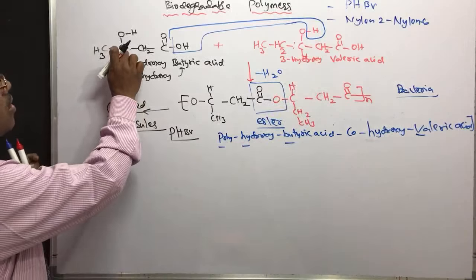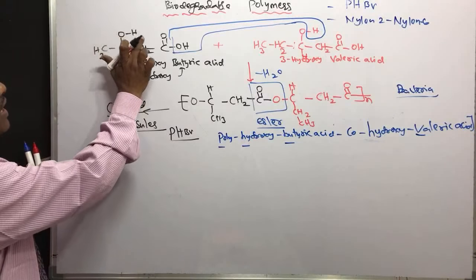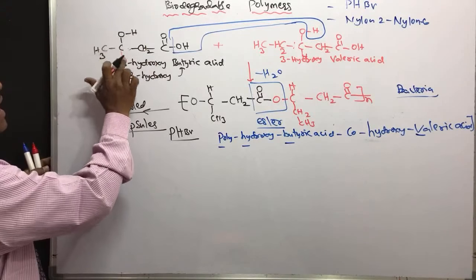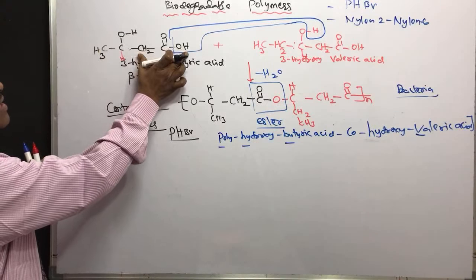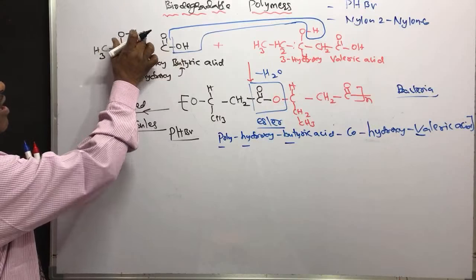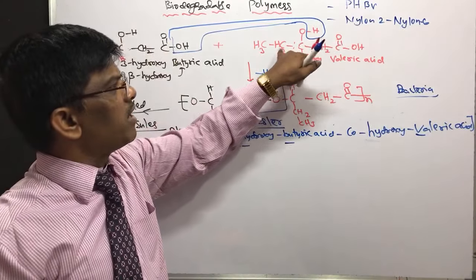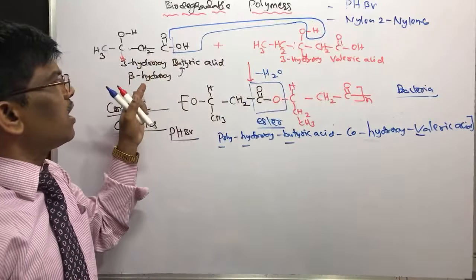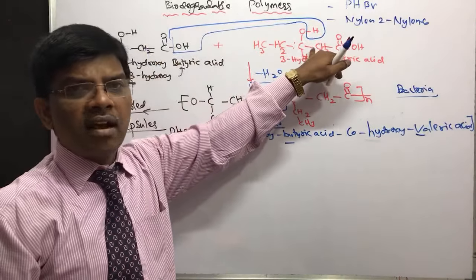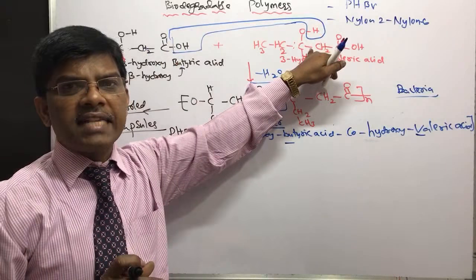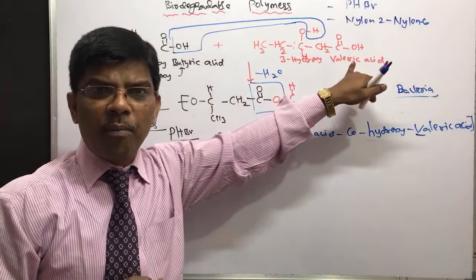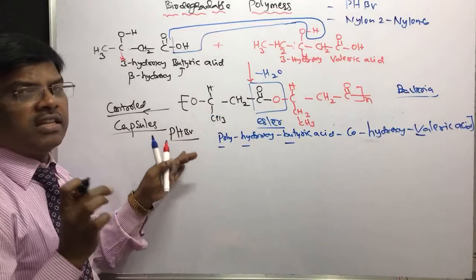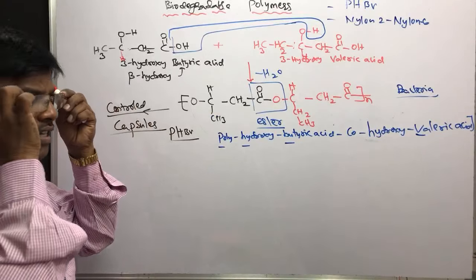This carbon is attached to 4 different groups: methyl, hydrogen, CH2COOH, and alcohol. This carbon also has 4 different groups. So the starting materials are asymmetric carbon containing compounds, and the product PHBV was given. This question was given in 2020 itself.